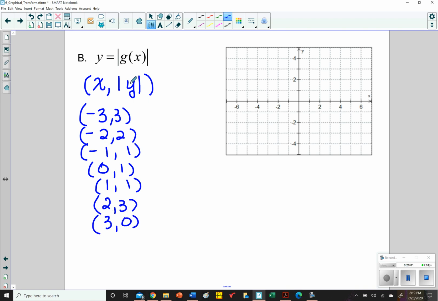So all of my y values are positive. And we're going to connect those with straight line segments for our transformation.